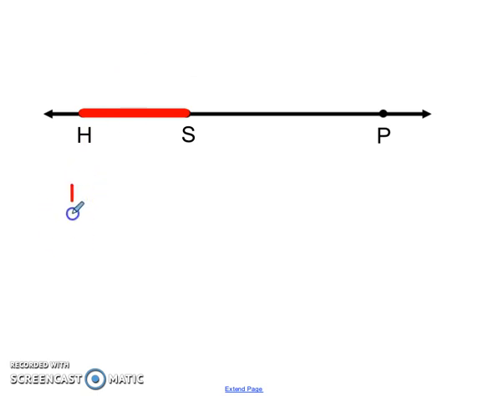Totally fine. You could refer to that segment just as HS with the line over it. Or, alternately, you could refer to that as SH. So inside any given line, there are also line segments. Or you could talk about segment HP, and that would indicate that what you're talking about ends at H and ends at P, rather than going off into any direction.